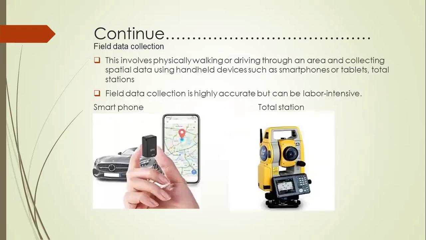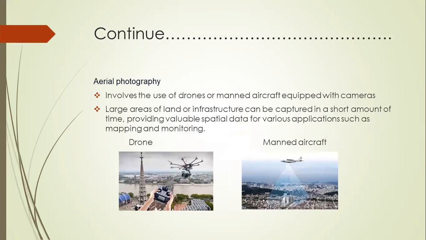Then we have field data collection. Here we can use total stations, and we can even use our smartphones and tablets. Then another technique is aerial photography, where we can use drones, manned aircraft, and so on. So basically, those are the techniques.